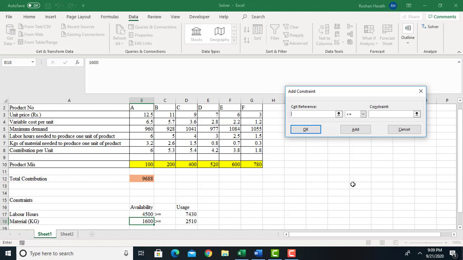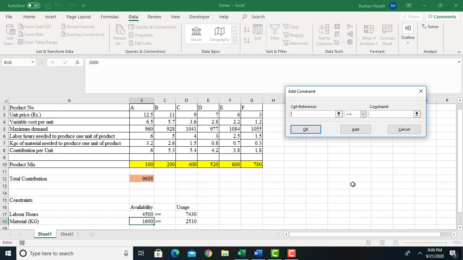Thereafter, there would be another constraint. What is that particular constraint? In most of the questions, it might be mentioned explicitly, but in some cases it might not be mentioned. But that is your common sense.